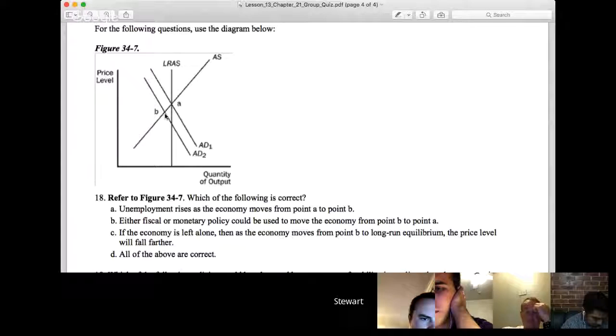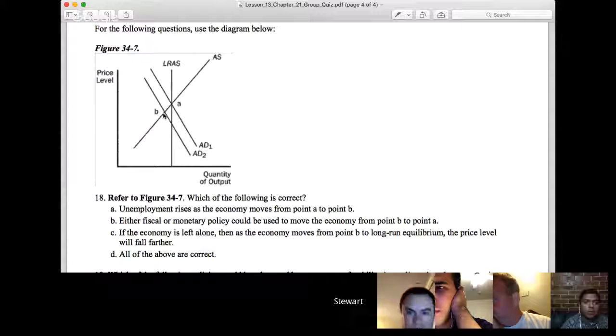Okay. And then B, either fiscal or monetary policy could be used to move from B to A. In the long run, we learned that it can move from B to A, but it's got that lag time, so it only really works in the long run. So that could be it.